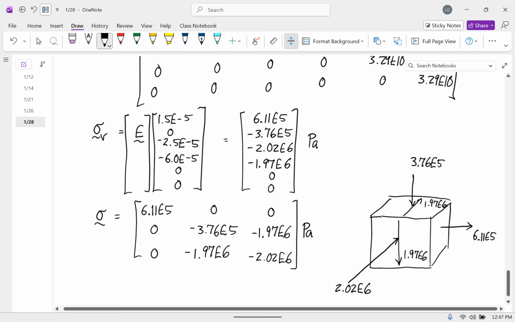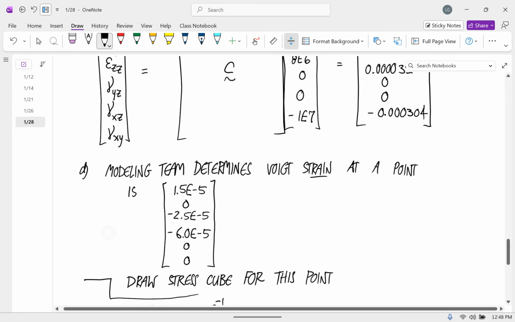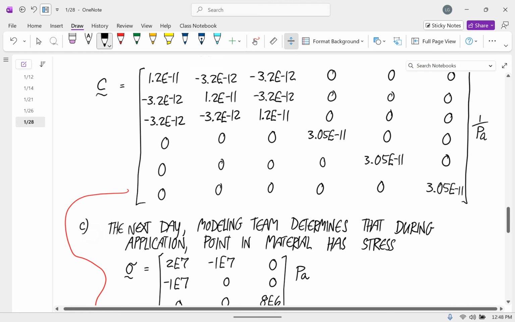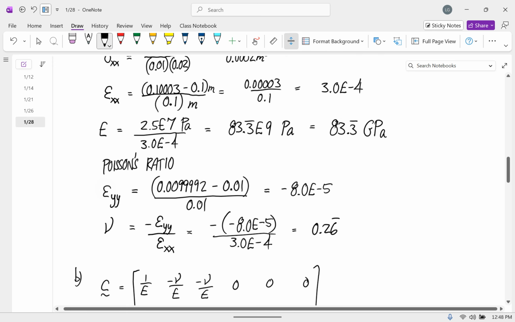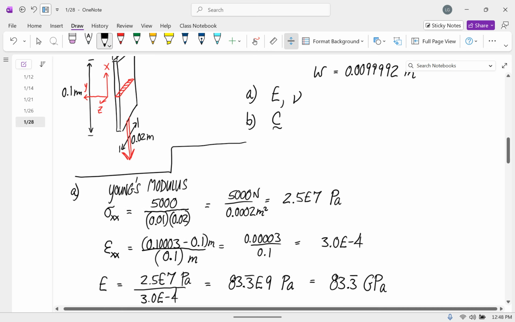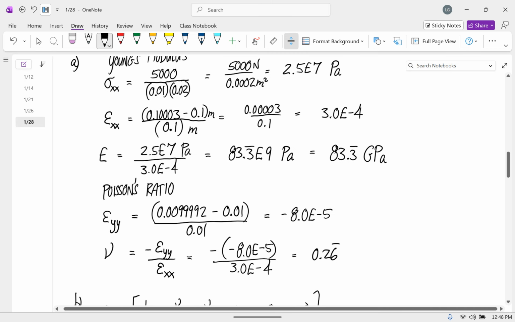But just think of how surprisingly powerful that is, look how simple this test is. We just stretch this thing, measure the deformation along two directions, calculate these two parameters, Young's modulus and Poisson's ratio.